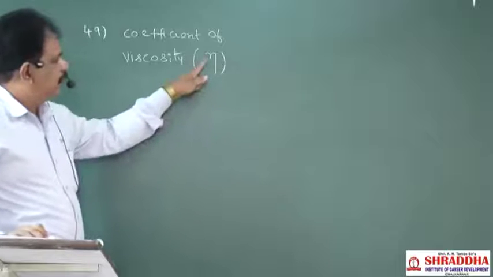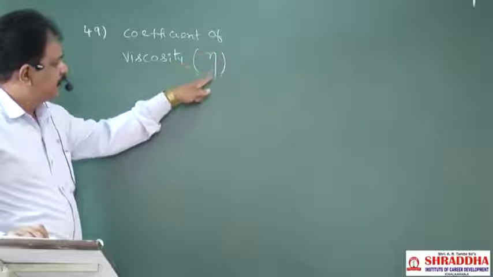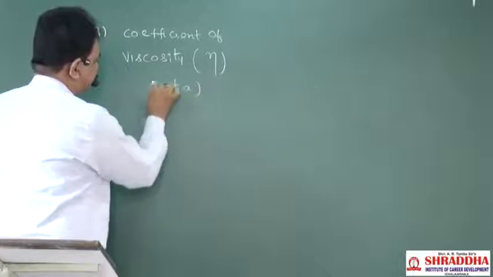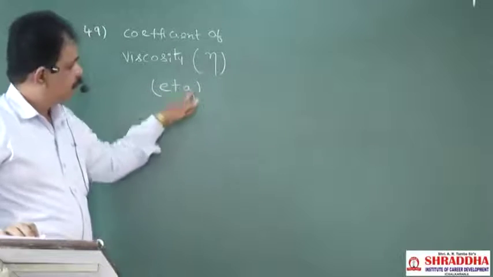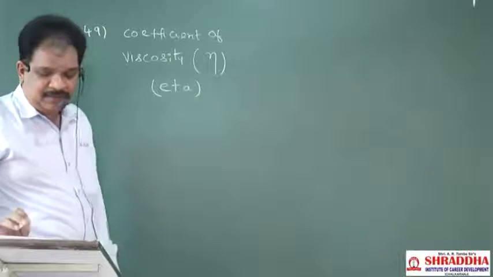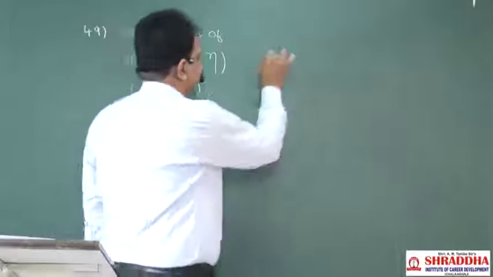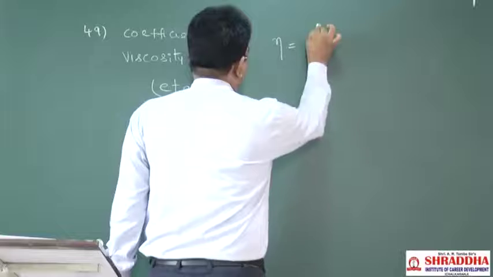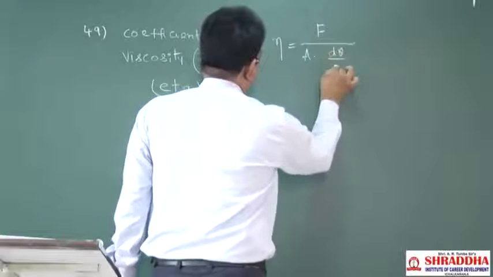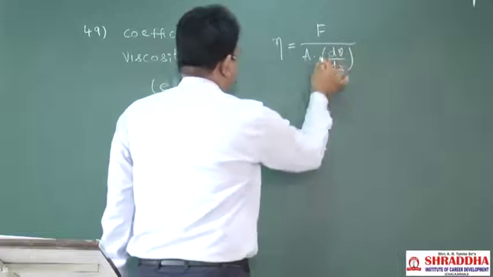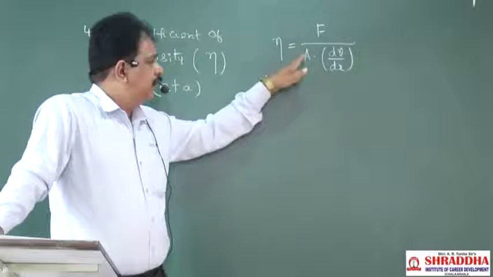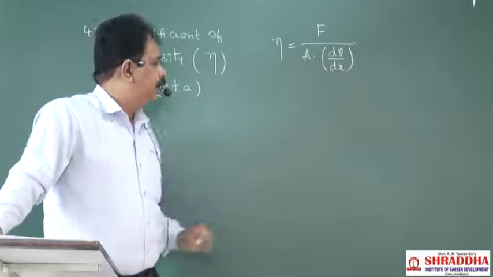It is a Greek symbol, similar to N. It is eta. Okay. Then the formula for this is eta is equal to F by A into dV by dx. Okay. F by A into dV by dx.